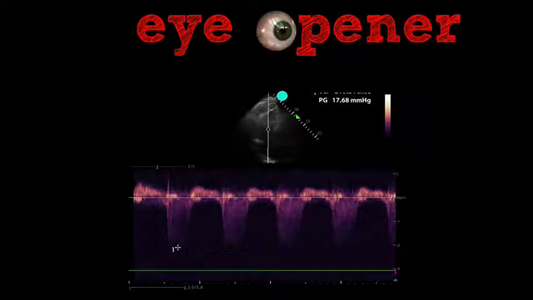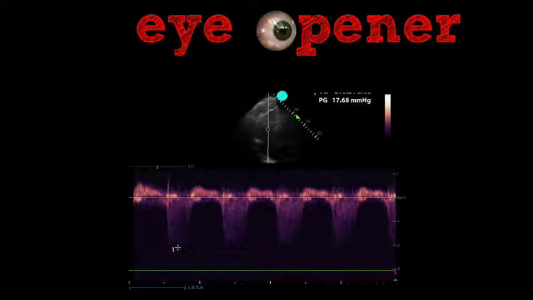And that regurg jet, if we measure the peak velocity, the machine will turn that peak velocity into a pressure gradient. And that pressure gradient simply tells us what's the difference in pressure between the right ventricle and the right atrium during systole. And so that gives us an idea of what the pulmonary artery systolic pressures are going to be.